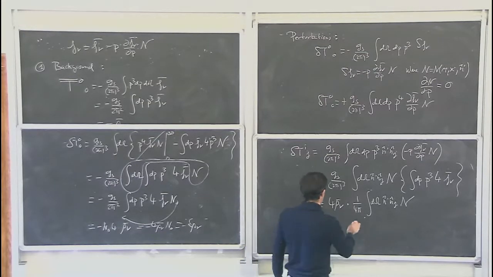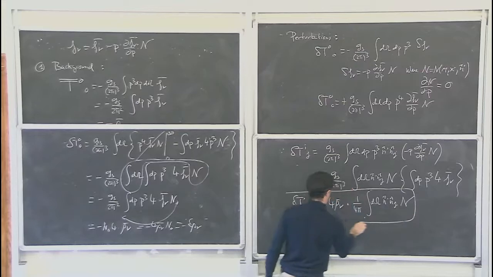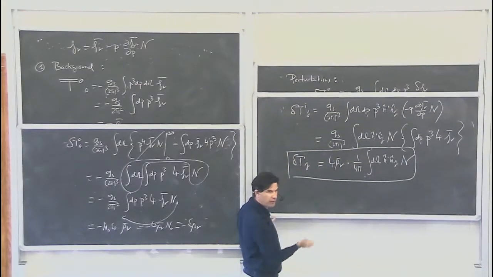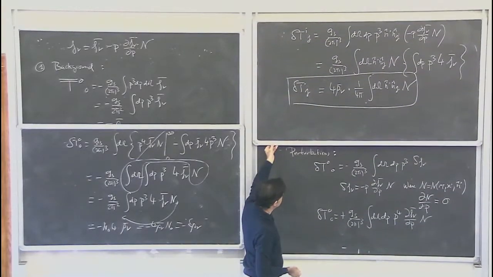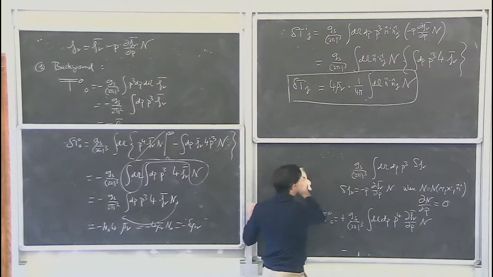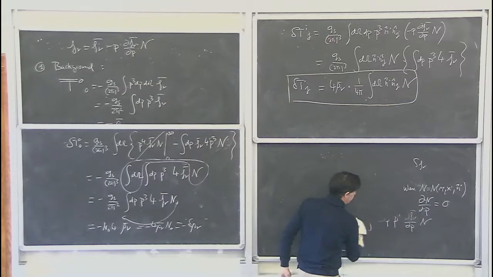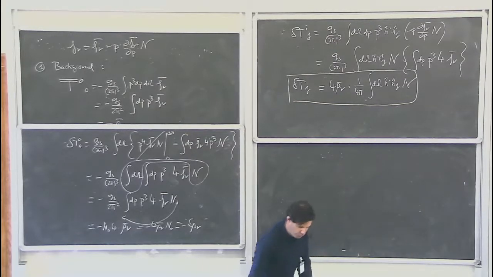So what we need to evaluate is this. There are various ways you can evaluate this; I will do it in a certain way. The plan is, first of all, to go to Fourier space. At this stage, it's time to go to Fourier space.